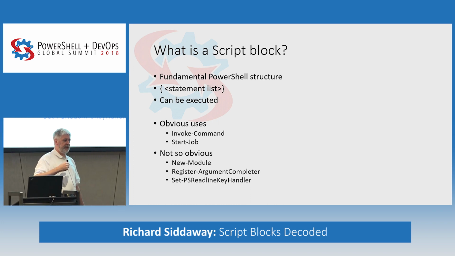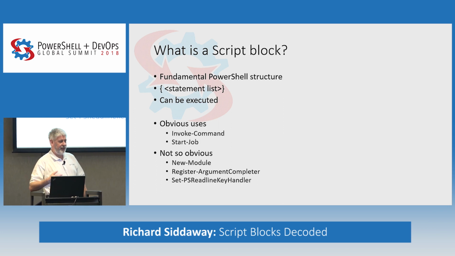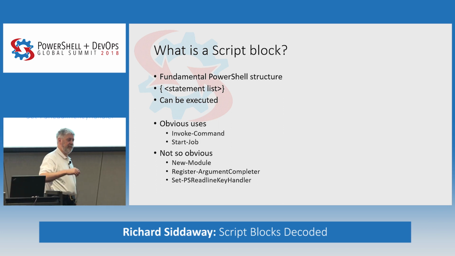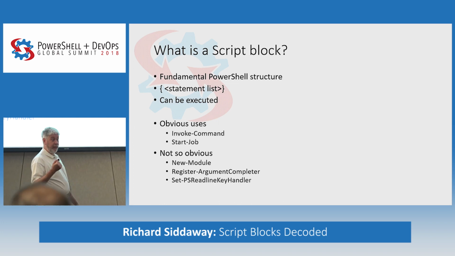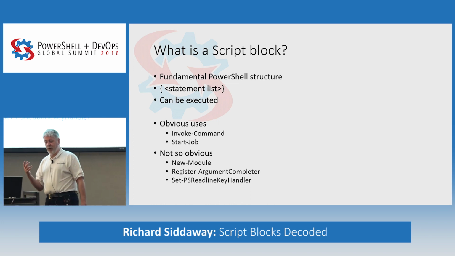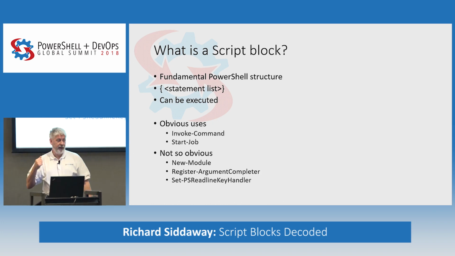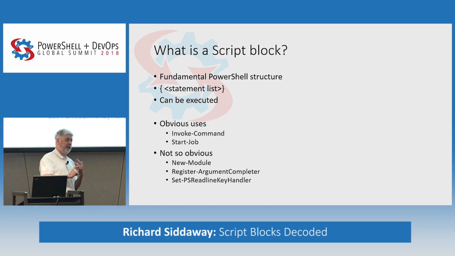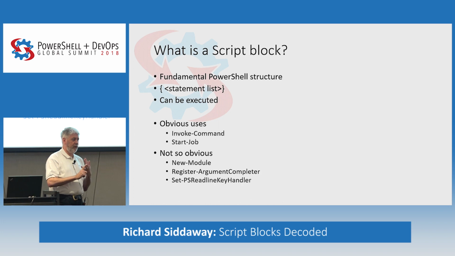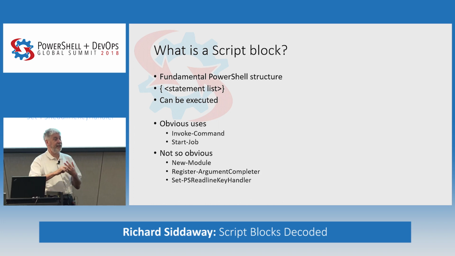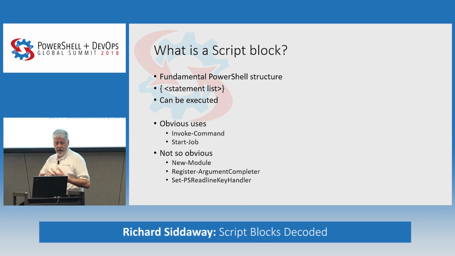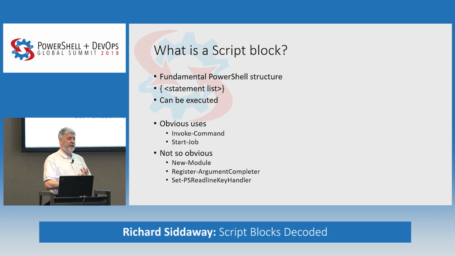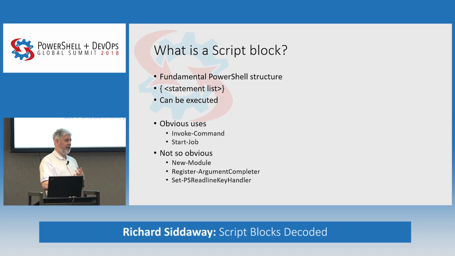There are some obvious uses where you see a parameter dash ScriptBlock, so things like Invoke-Command and Start-Job. And then some less obvious ones like ForEach-Object and Where-Object. You're using script blocks there, certainly in Where if you're using the old style syntax. Any of you used New-Module to create dynamic modules in memory?